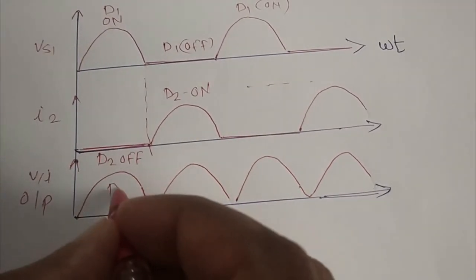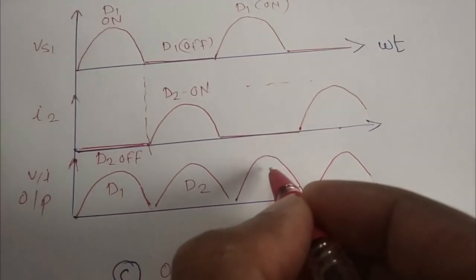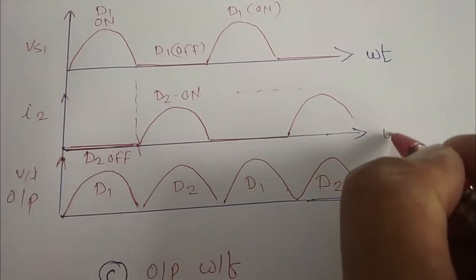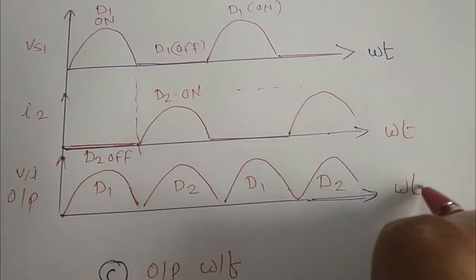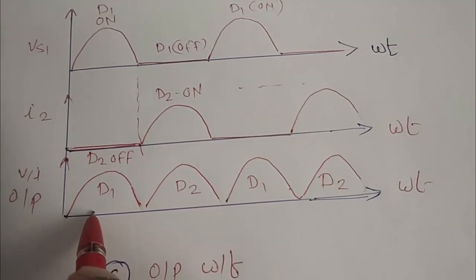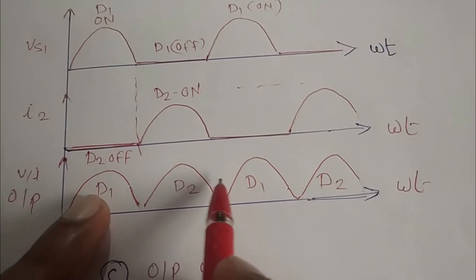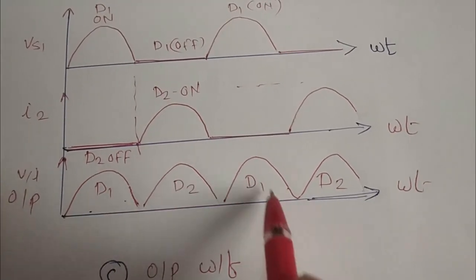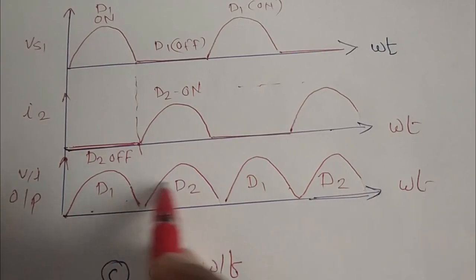So this one is due to D1, this one is due to D2, then this one is due to D1, and this one is due to D2. So this will be our final output. In half wave we used to get only half cycles with gaps. Now we have full cycles. Of course this one is also not a straight line.